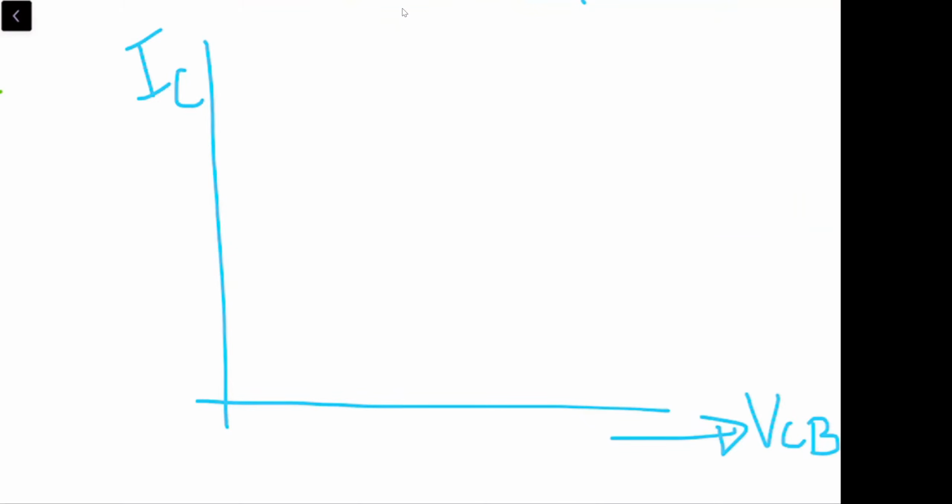Now what we want to see is, let's suppose I say that the input current IE is equal to 0. What does this mean? If I say the input current is equal to 0, IE is equal to 0, what does this mean?